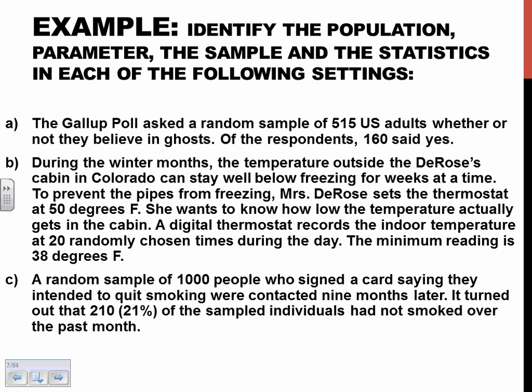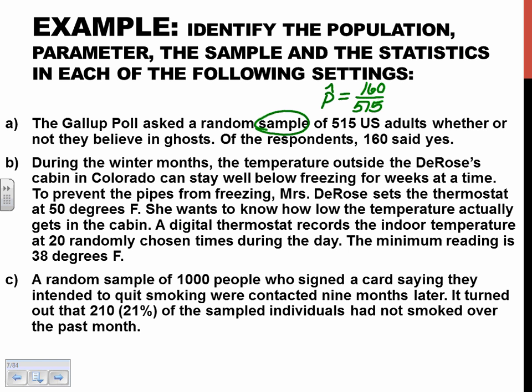So what are you finding here? Is this from a sample or from a population? This is from a sample. And here you have 160 out of 515 that said yes. So you're taking a proportion, and since it's from a sample, it's going to be P hat.